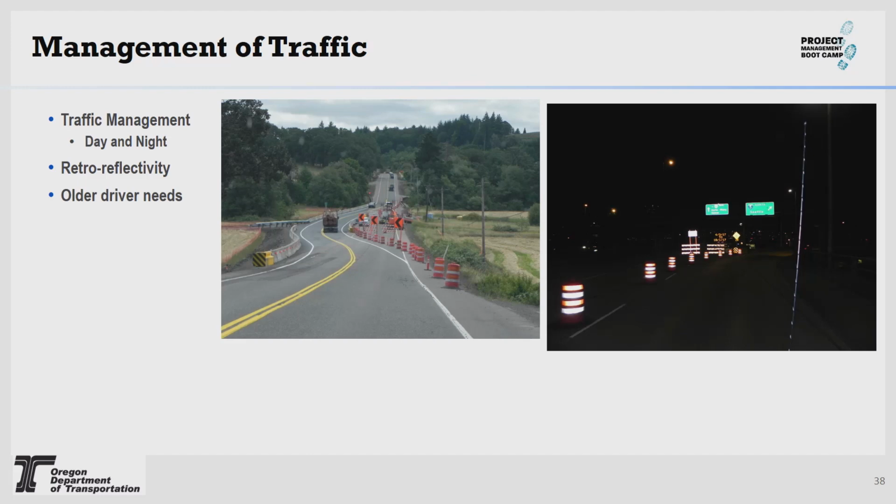At night, people see just signs and barrels. They don't see what else is going on, and their cone of vision is so limited to the direction of the headlight. That's why we need to be extra careful on delineating properly how we can manage our traffic during the night. And retroreflectivity is a key issue for nighttime driving.